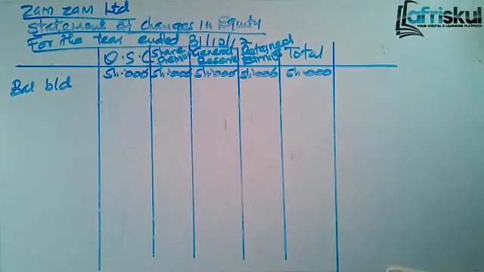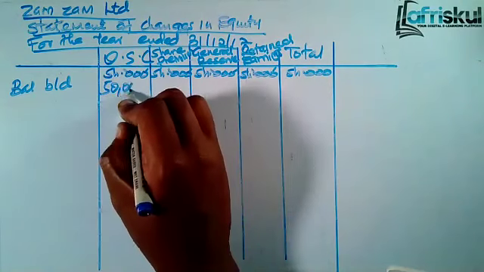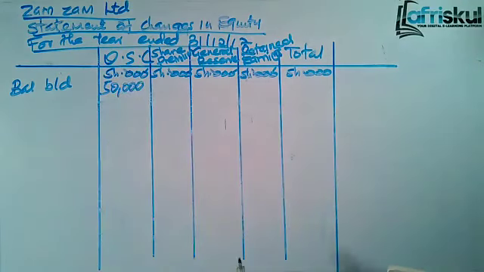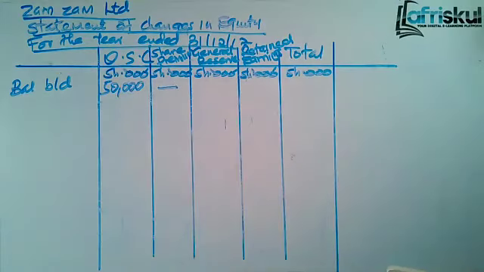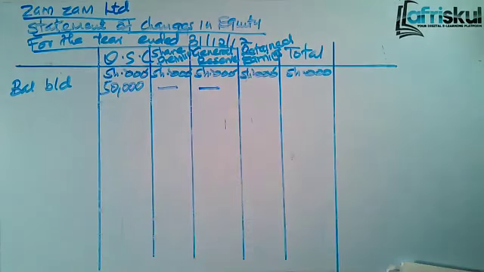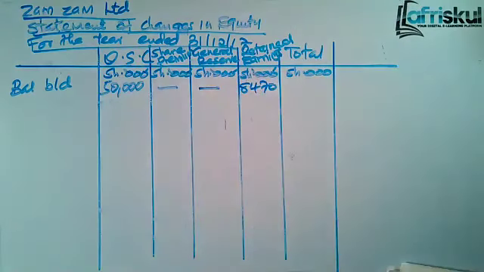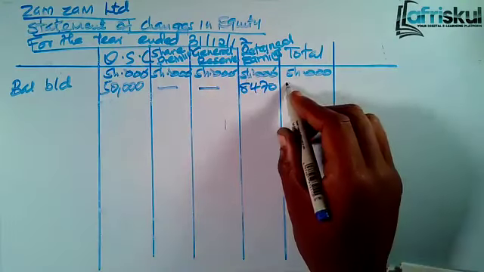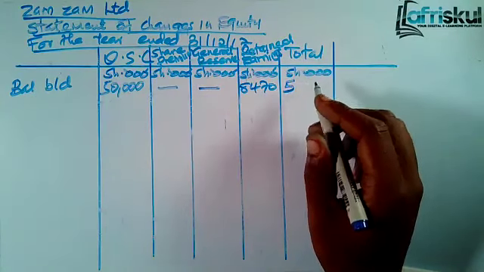In the case of the ordinary shares, we've been given 50,000. On the share premium, we don't have any. We also have the general reserve, where we don't have any balance. Retained earnings, we have 8,470. And this is on the total.